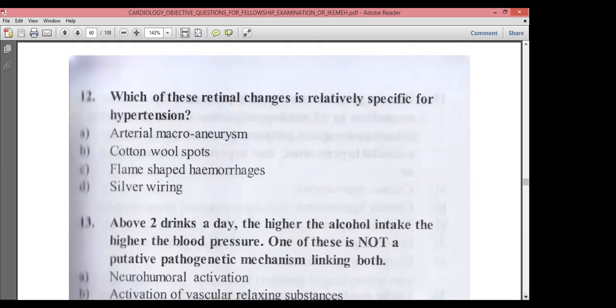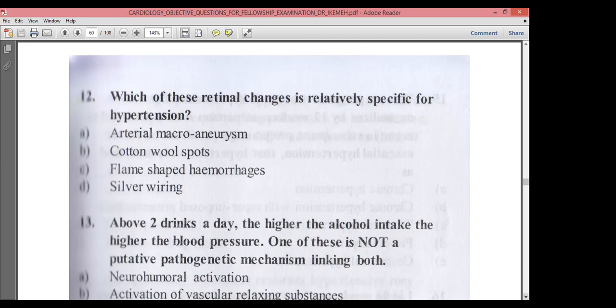This one is the one that I have a problem with. Which of these retinal changes is relatively specific for hypertension? I tried to search for specific retinal changes in hypertension. The things that I came across just give you all the stages of hypertensive retinopathy, but do not come up with any one particular change that is specific for hypertension.